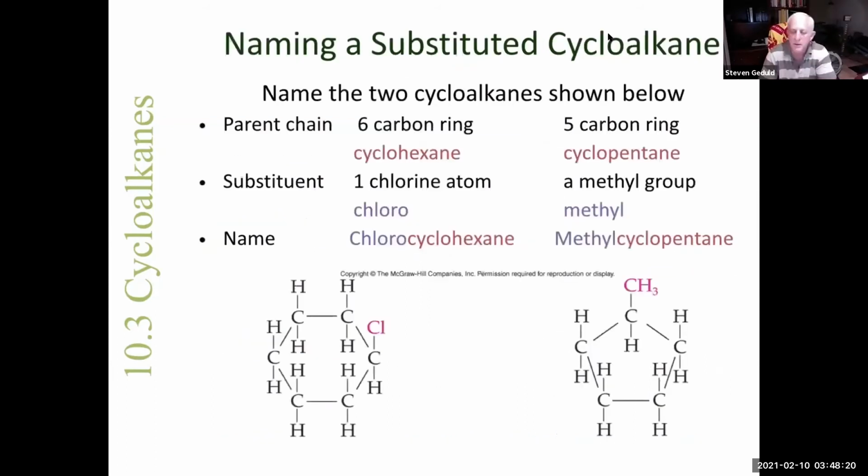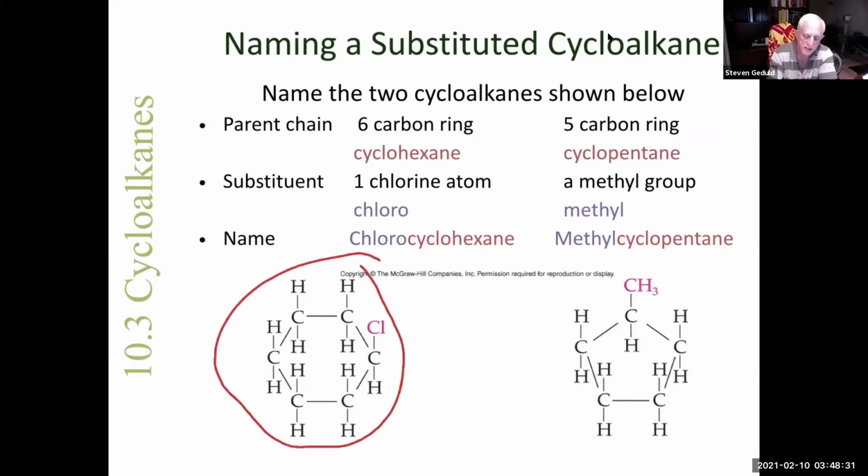Okay, when we name them, we name them by substitution. We look at the ones below here. Let's look at this side here. This is 6 carbons, and it's in a cycle group. So it's going to be a cyclohexane.